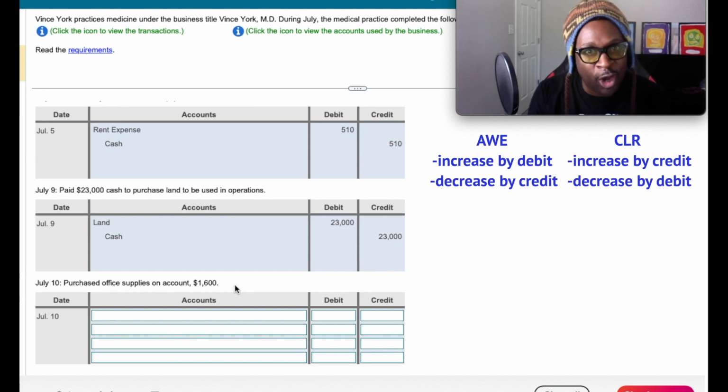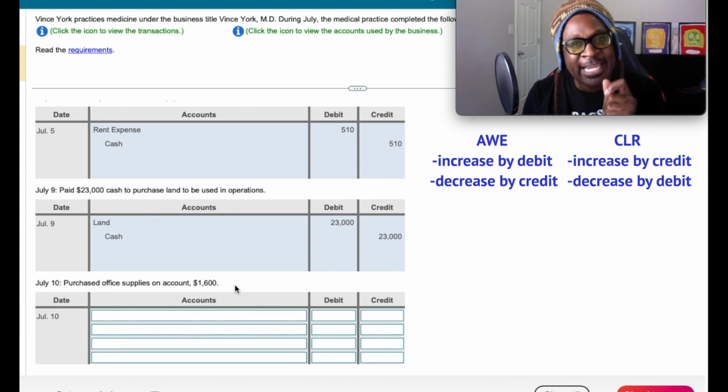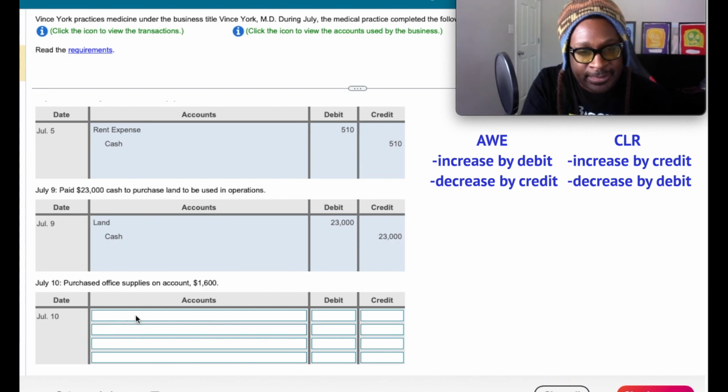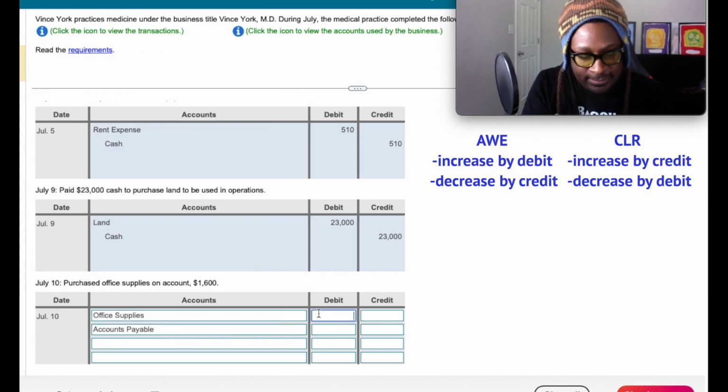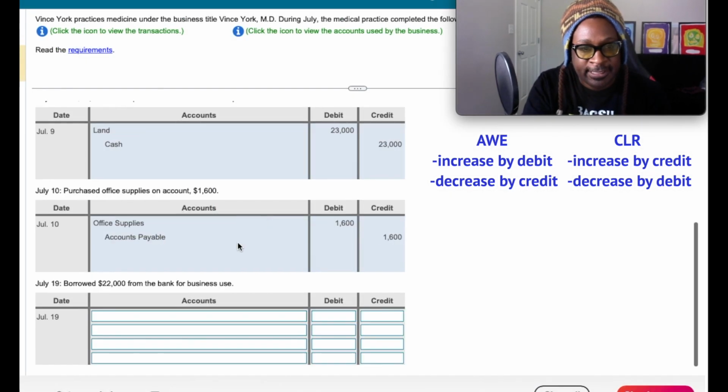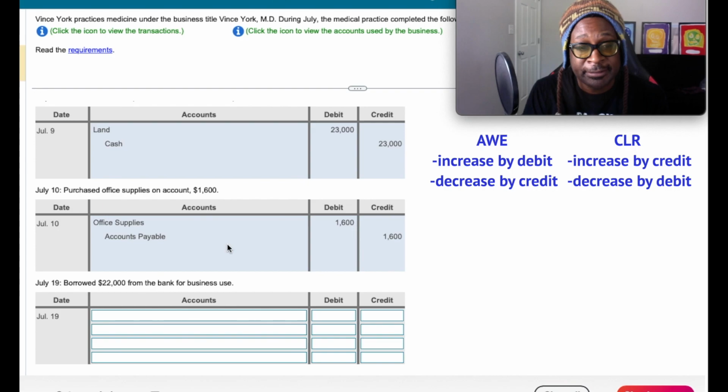Our liabilities also increase, however, they're a part of the clear gain, and anytime we're increasing any account in the clear gain, it goes up with a credit. Therefore, we're going to debit supplies and credit accounts payable for the 1600. We are going to check our answer. Nice work, gang.